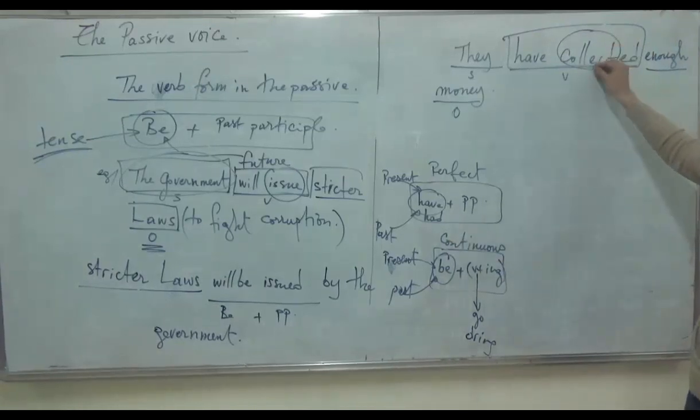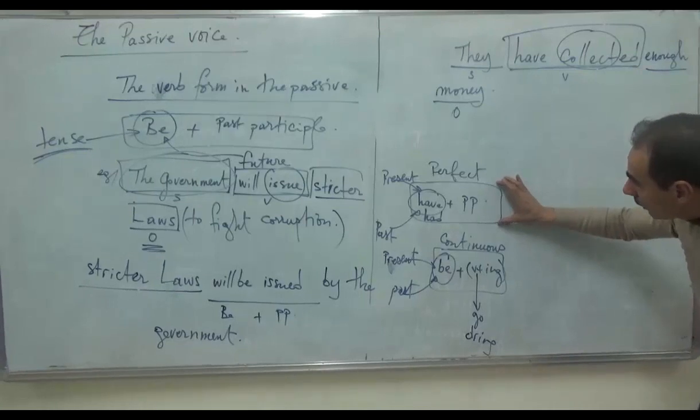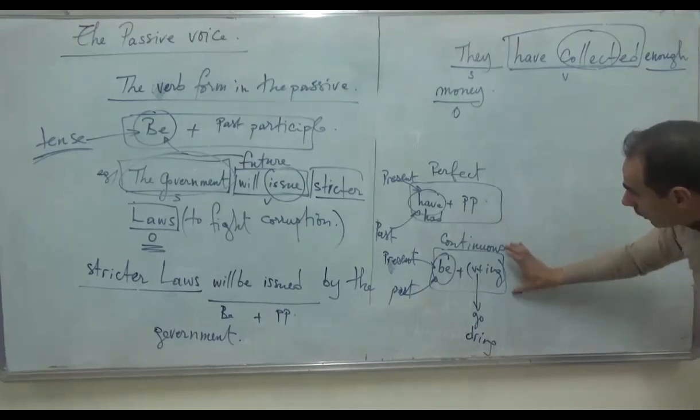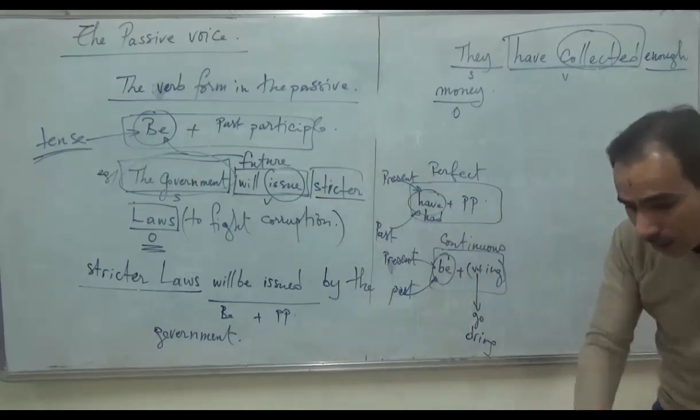As I conjugated the verb in the active voice in any tense, I am going to conjugate the auxiliary to be in the same tense, using the same form, whether it is present perfect, past perfect, present continuous, past continuous, future, present simple, or past simple.